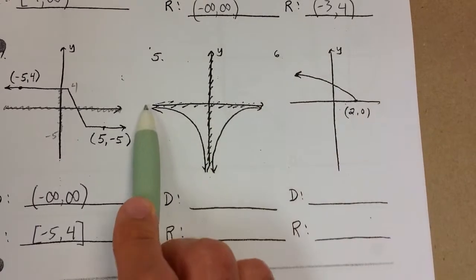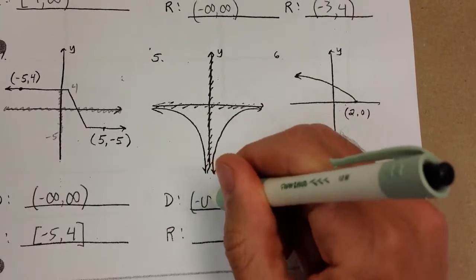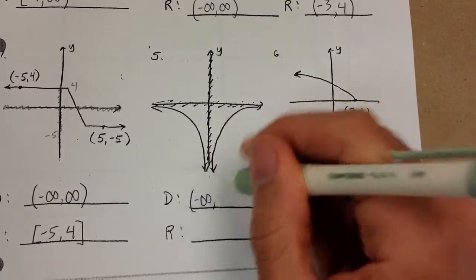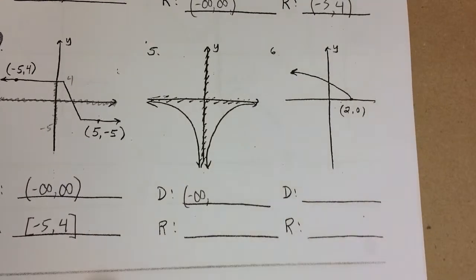So if you sweep from left to right, we start at -infinity on the x, and then it looks like we stop at 0. Okay? So given that new knowledge, Jessica, do you think you can tell me what the domain is?